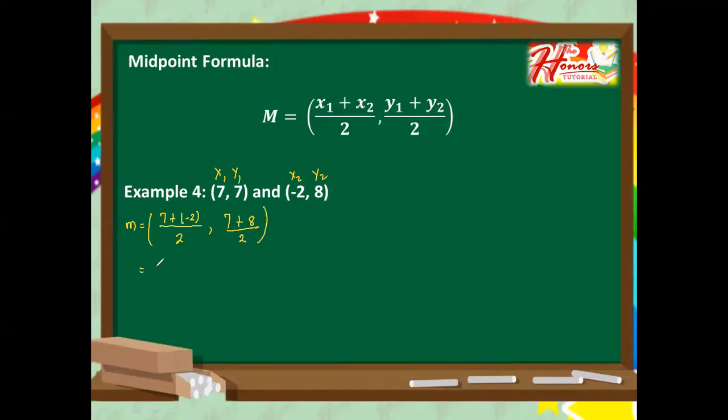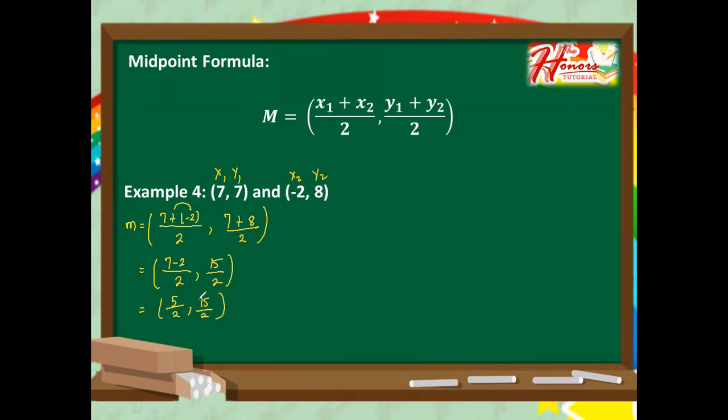So positive times negative is negative. So it will become 7 minus 2 over 2. 7 plus 8, that's 15 over 2. So 7 minus 2, that's 5. So we have here 5 over 2 and 15 over 2.